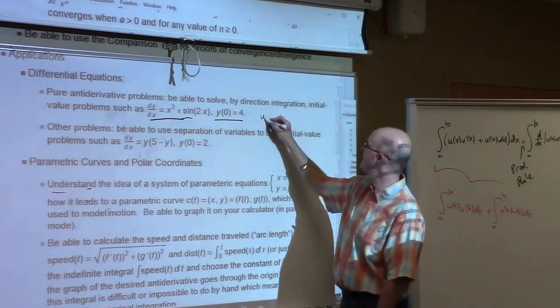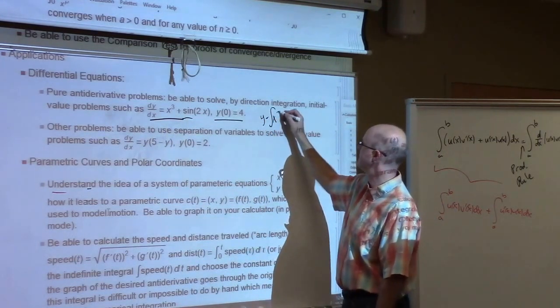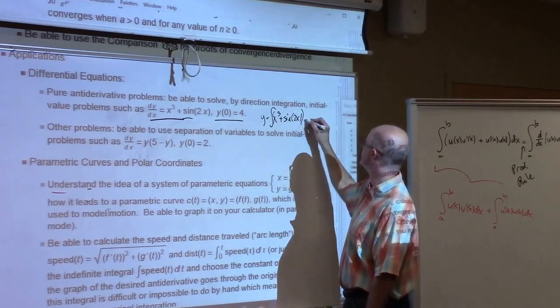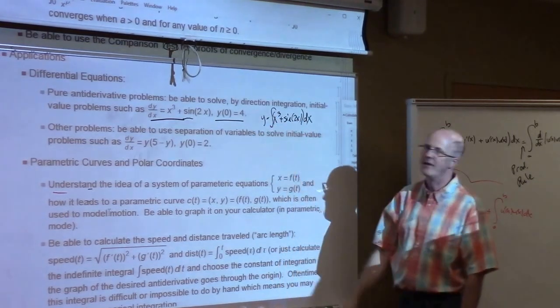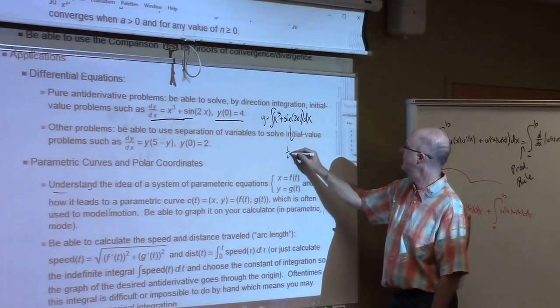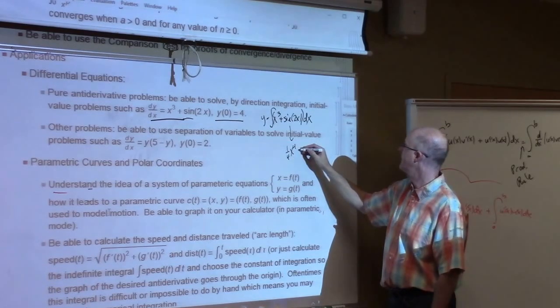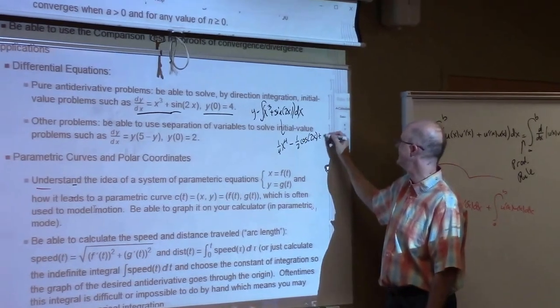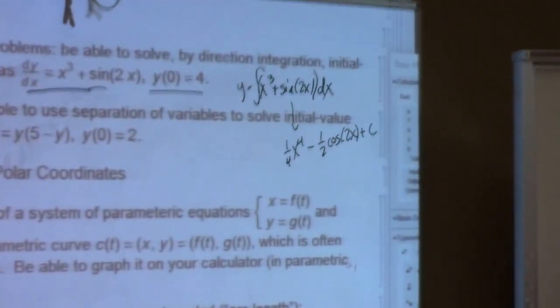You just want to find the indefinite integral of x cubed plus sine 2x, and then choose the c in such a way that y of 0 is 4. In this case, you get 1/4 x to the 4th minus 1/2 cos 2x plus c. I did a substitution in my head there.